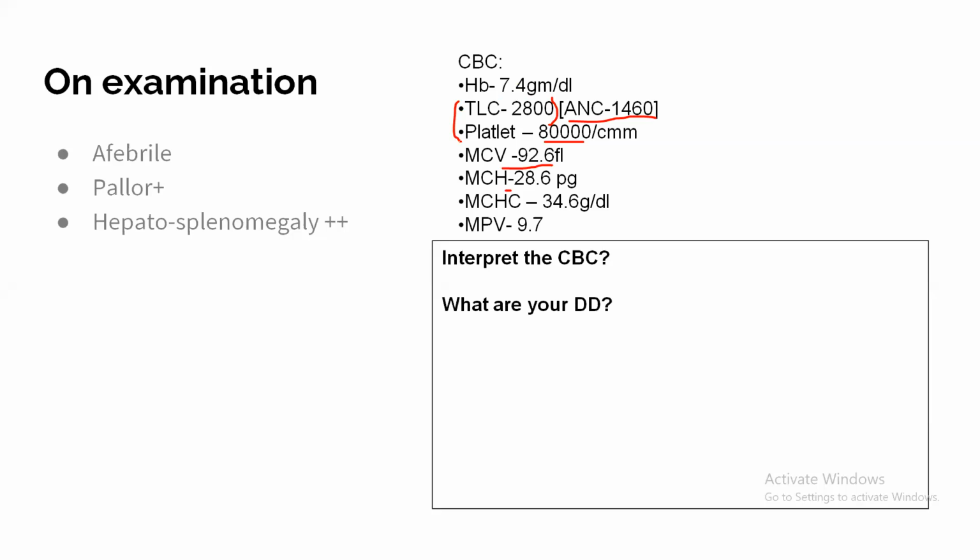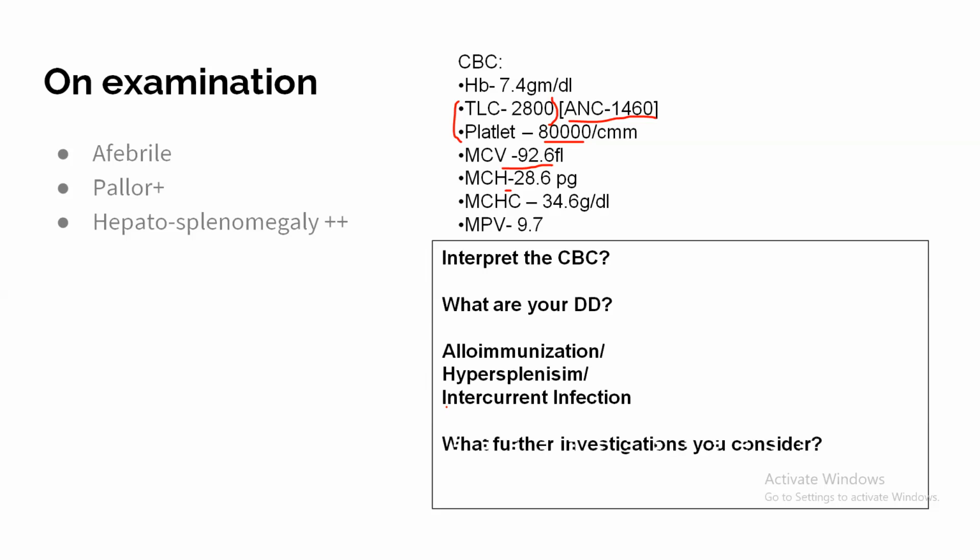A thalassemia child was on regular transfusion, and suddenly he is taking more transfusions. So probably we might be dealing with either hypersplenism or alloimmunization, because alloimmunization will cause a lot of alloantibody formation, which might cause anemia too frequently. So this child probably has alloimmunization, hypersplenism, or intercurrent infections.